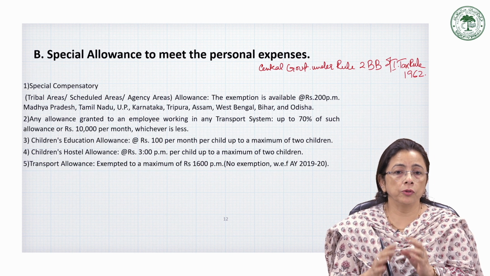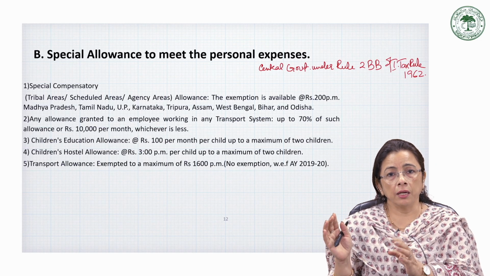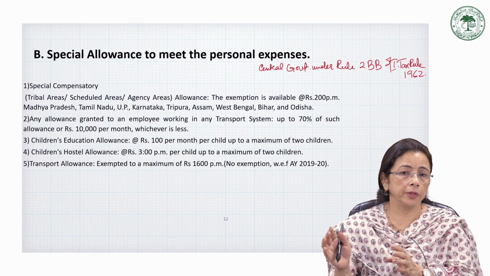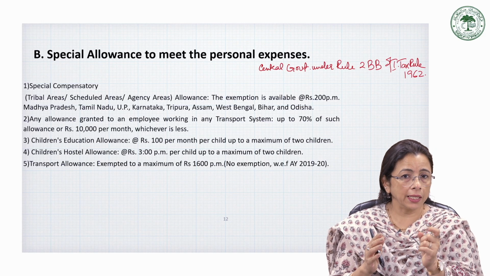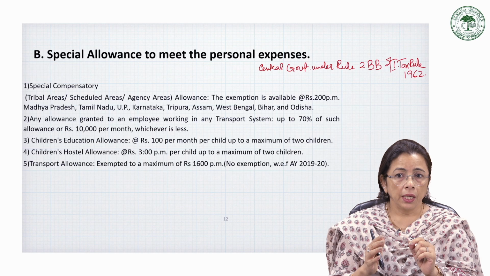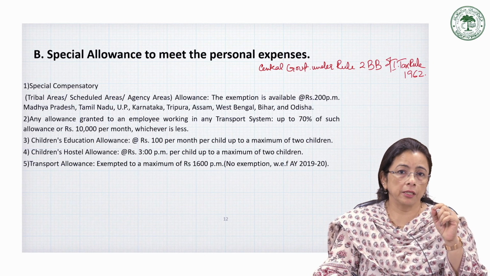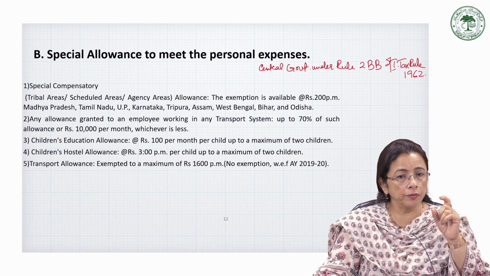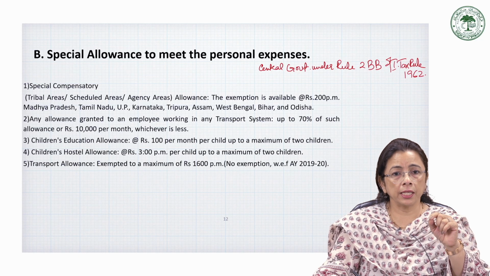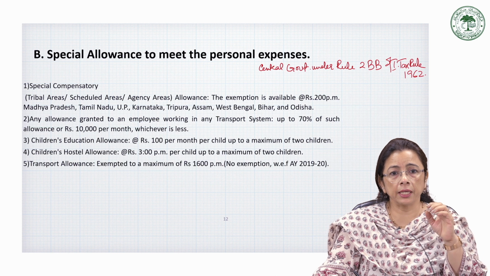For example, suppose a government officer is posted in a tribal area of Assam and he receives rupees 500 per month for this. So his exemption amount will be only rupees 200, and the remaining figure, that is 300, will be taxable. So we have to take this fixed amount that has been already prescribed as an exemption. The balancing figure will be taken for taxation.